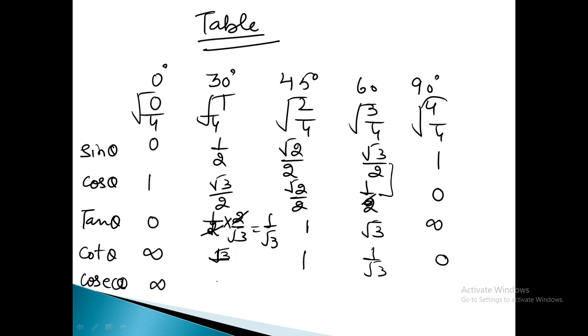Then 1 by 2, 2, and root 2 by 2, that will be reversed. 2 by root 3, that will be reversed, and secant theta will be the reverse: 1, 2 by root 3, 2 by root 2, 2, infinite. This is the table of trigonometry.